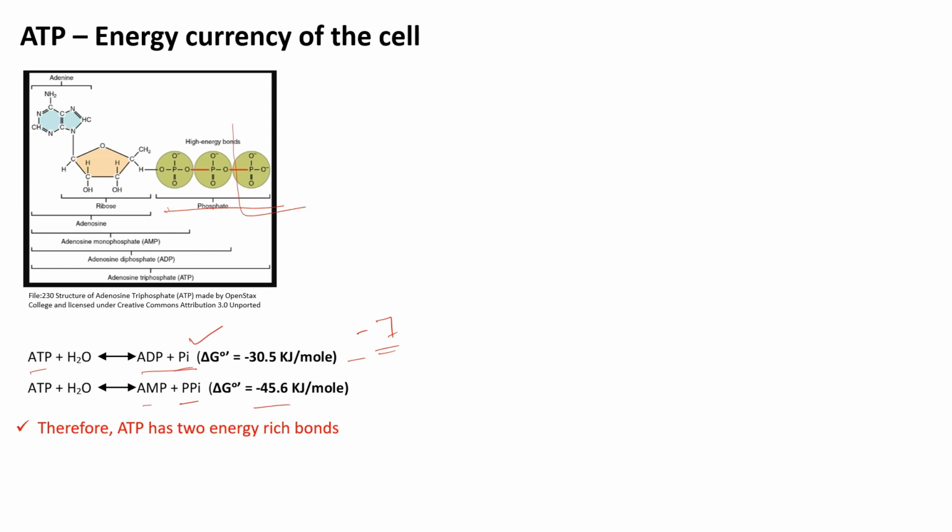When it releases 1 phosphate, the energy released is -30.5. When it releases 2 phosphates, the energy released is -45.6 kilojoule per mole. So when ATP releases phosphate, either single or double, both have very high negative delta G value. Hence ATP acts as an energy currency of the cell.